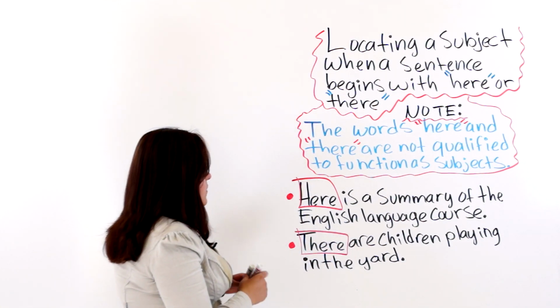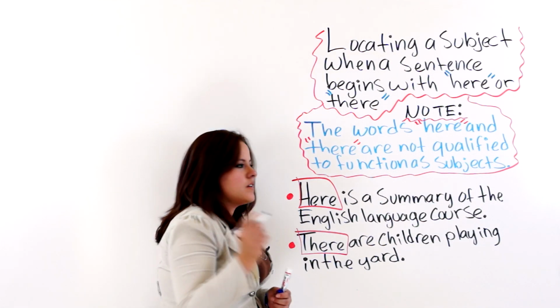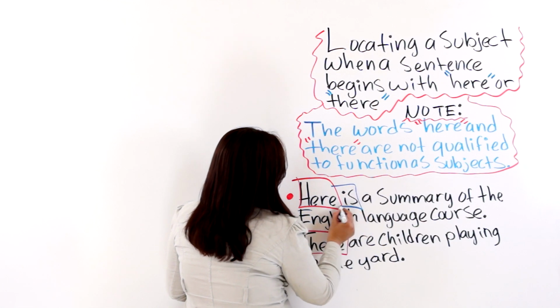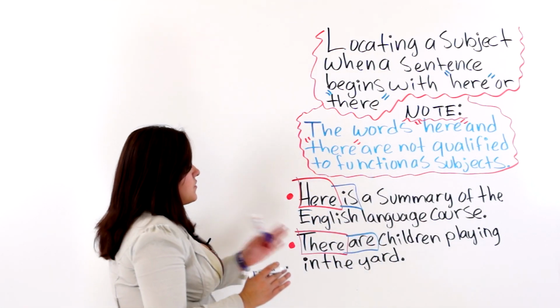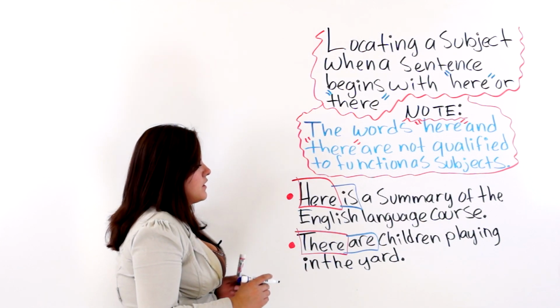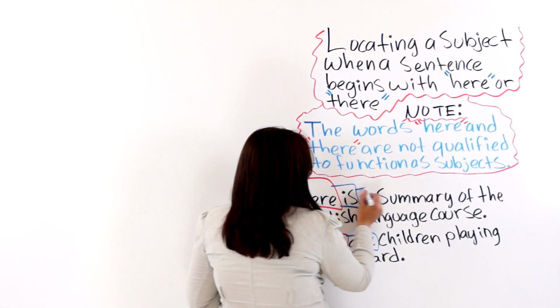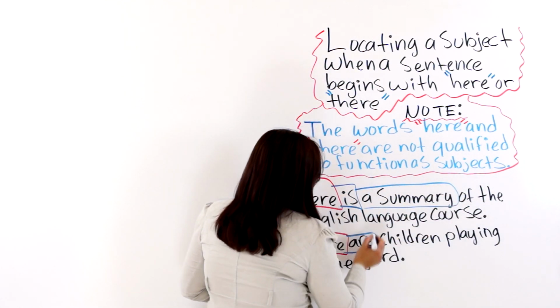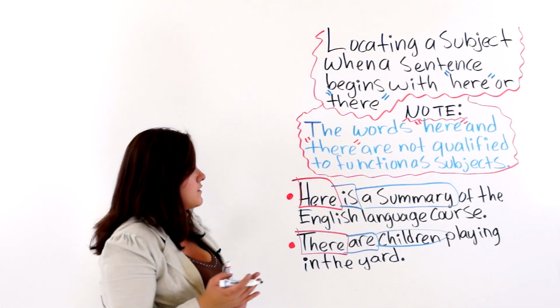Okay? So we must, what? Look to the words after the verbs. A summary, children. Okay? So this here and this here are the subjects of these sentences.